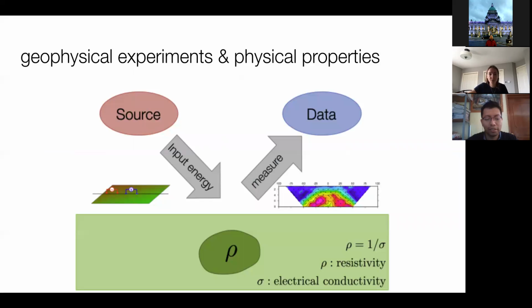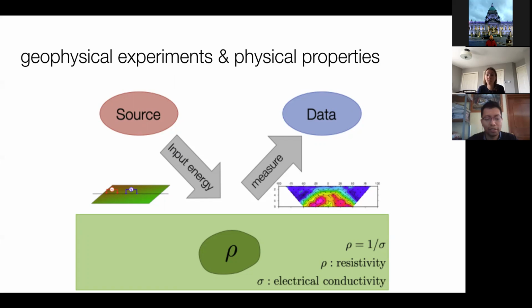I'm sure some folks here have seen images like this before of the basic ideas of what we're working with in geophysical experiments. We have some sort of source that's going to input energy into the subsurface, and we're going to have responses that depend on the physical properties of the subsurface. For example, if we consider electrical resistivity, and maybe we do a DC resistivity experiment where we inject current into the subsurface, those currents are going to flow.